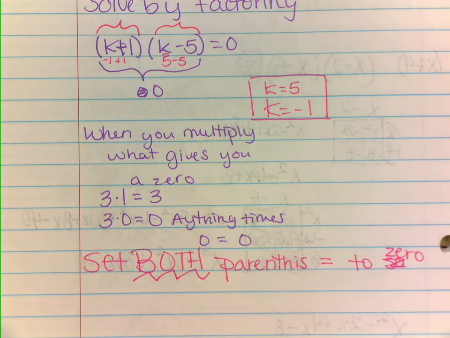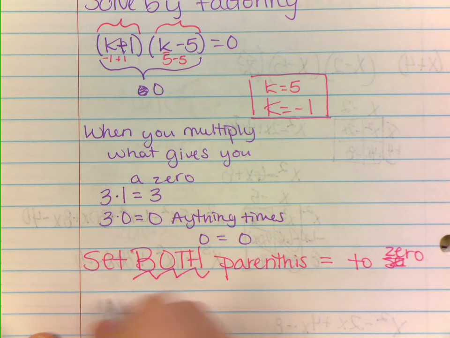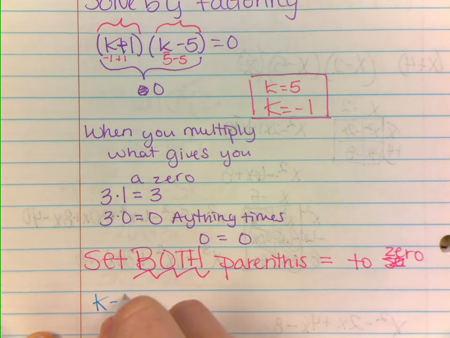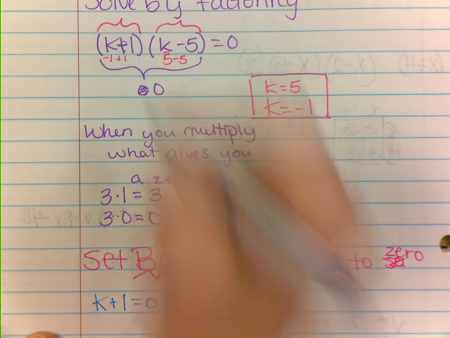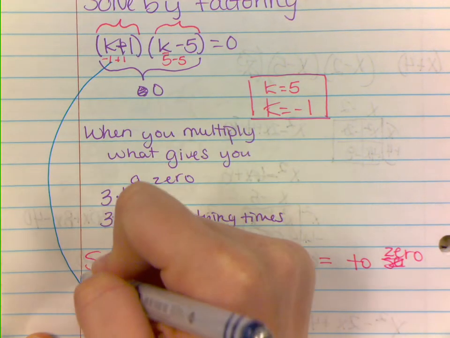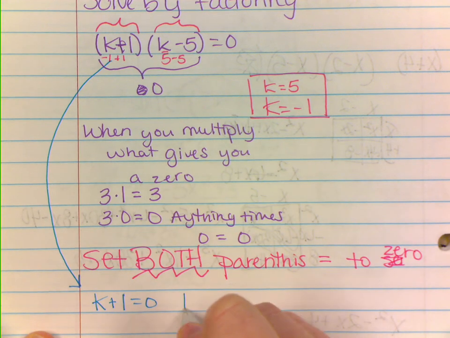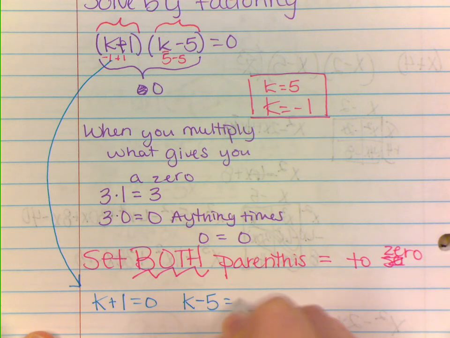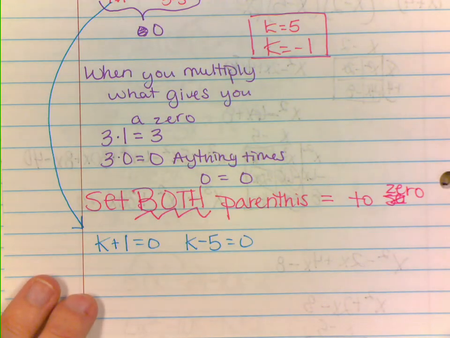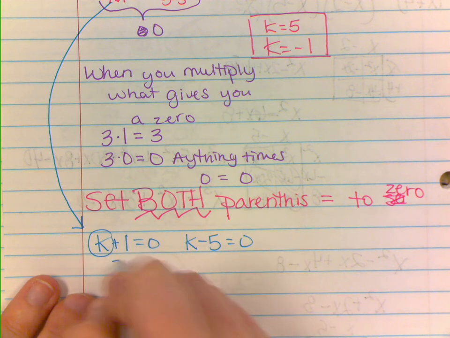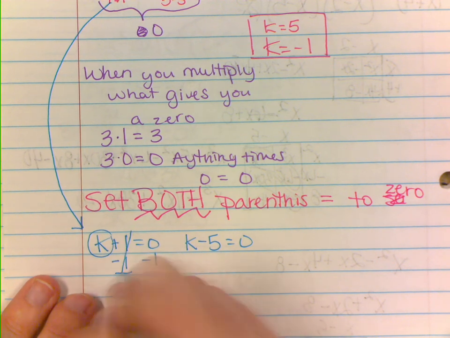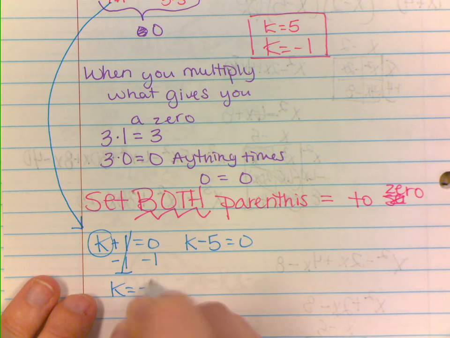Okay, so now watch this. Set the first one equal to 0. K plus 1 equals 0. And what's the second parentheses? K minus 5 equals 0. Get k by itself. What's the opposite of add 1? So k can equal negative 1.